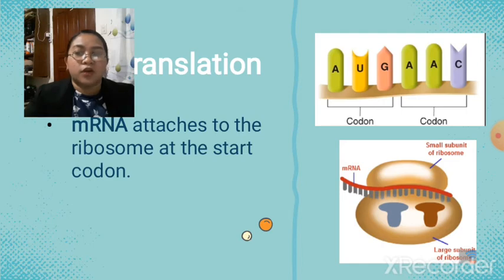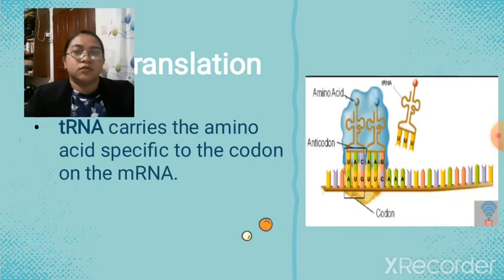There are also three stop codons, which indicate that ribosomes should cease protein generation by translation. The second one is the tRNA, or the transfer RNA.